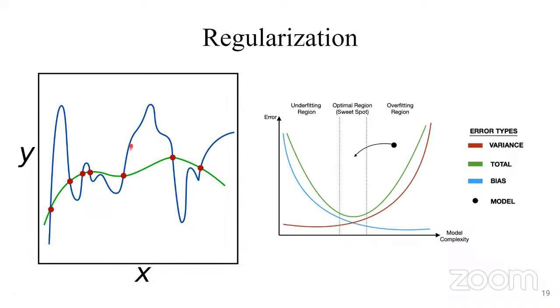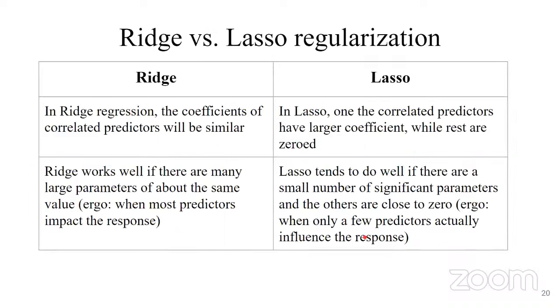And if you have a new test set, you can't predict it, right? We don't want this underfitting. We don't want this overfitting. We want something where we have low bias and low variance.